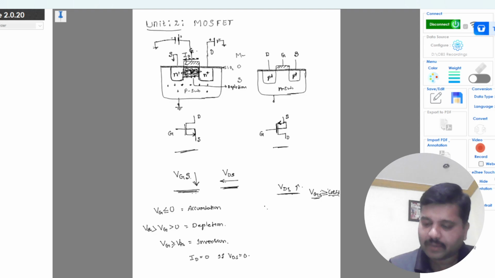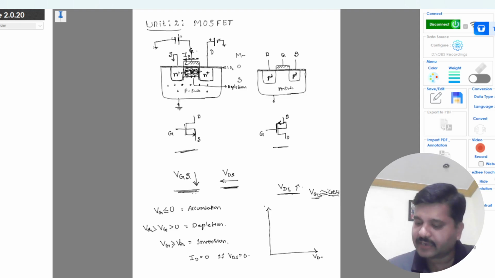Now if I draw the output characteristics for the MOSFET, this is VDS and this is ID for a constant VGS. So the curve will be something like this, for a constant VGS.